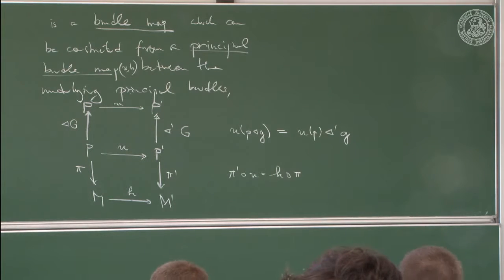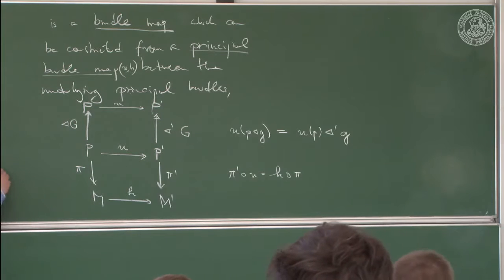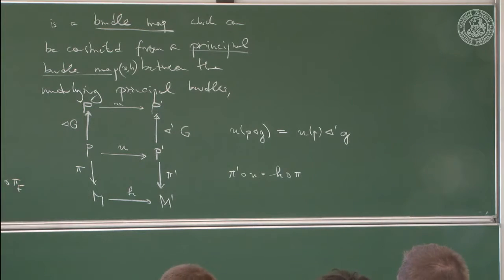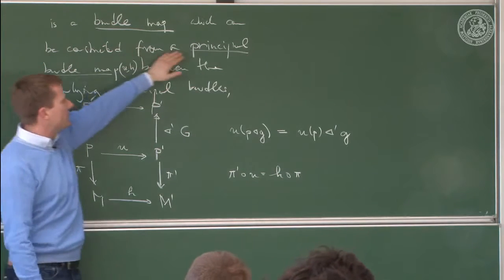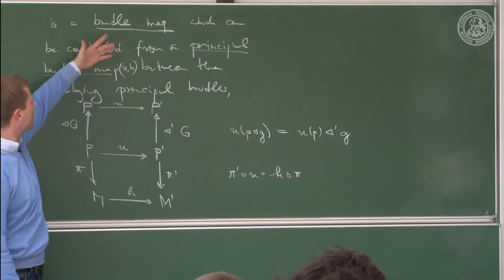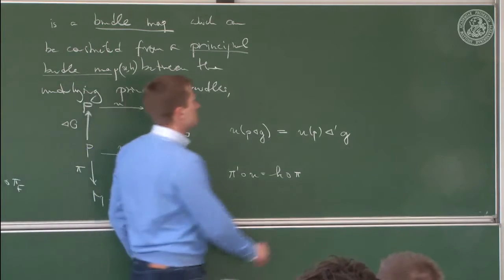Okay, so certainly also here we already at this stage can require that pi primed F after U twiddle must be H twiddle after pi F. So an associated bundle map is just a bundle map, which, however, can be constructed in a specific way from a principal bundle map, which is this.